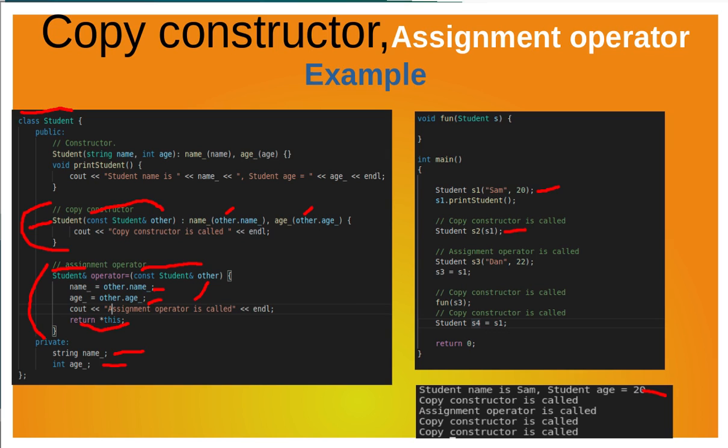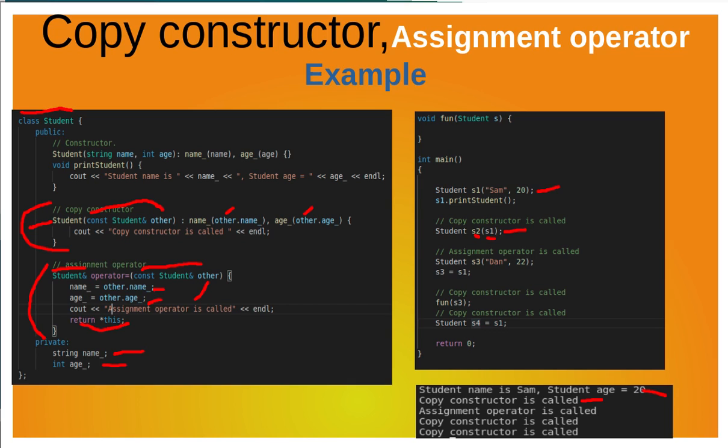Defined object S2 and assigned to its member the value of S1. So S2 will have the name as S1 and the age as S1.age. So in this case, copy constructor is called, and as you see in the output, copy constructor is called.